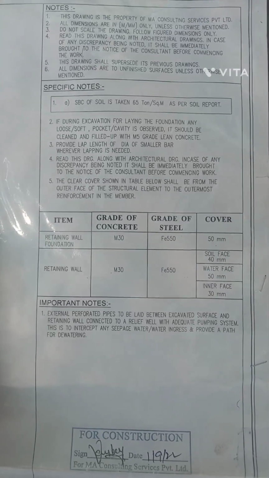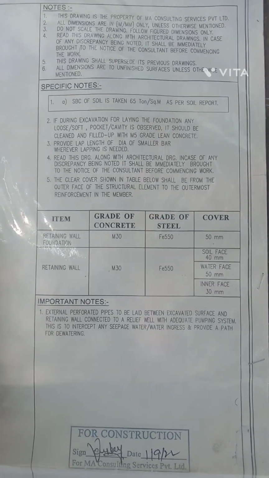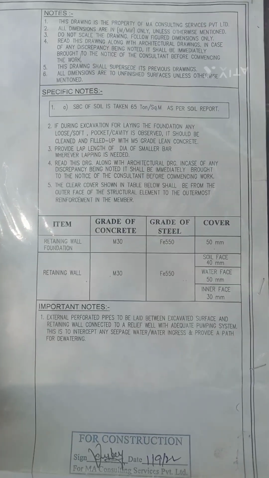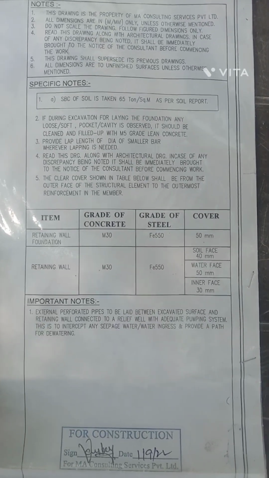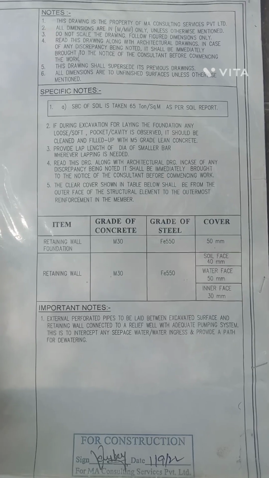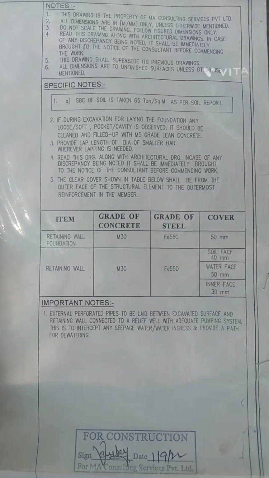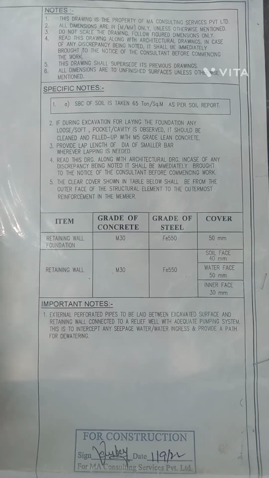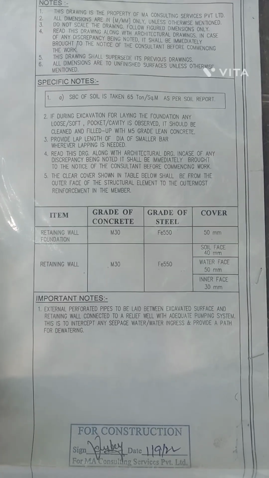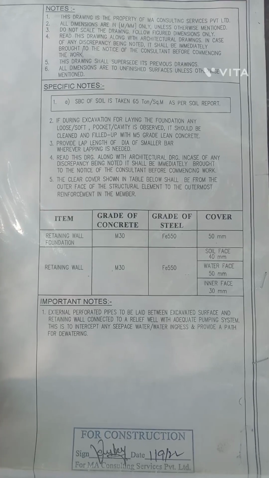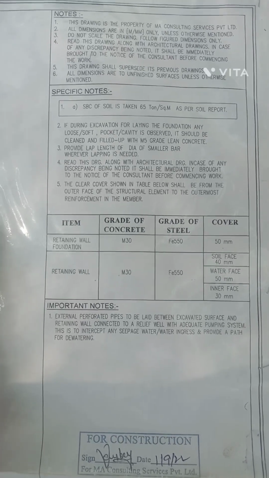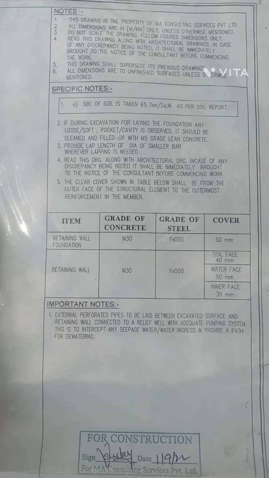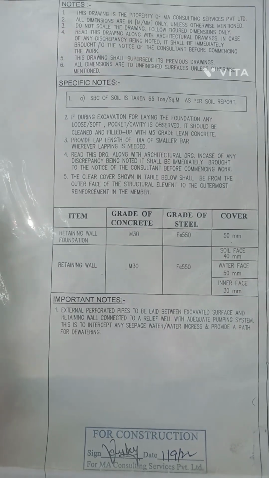For the retaining wall foundation raft, we have to maintain M30 grade concrete, the grade of steel is FE 550, and clear cover for the raft is 50 mm. Retaining wall: M30 grade concrete, FE 500. Soil face 40 mm, water face 50 mm, inner face 30 mm. This is the main important.